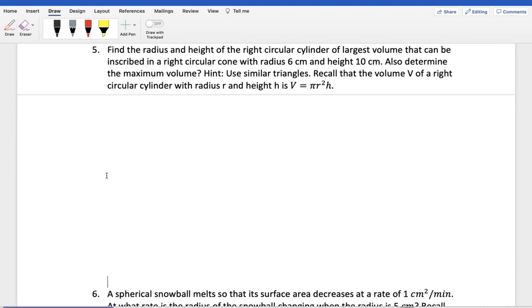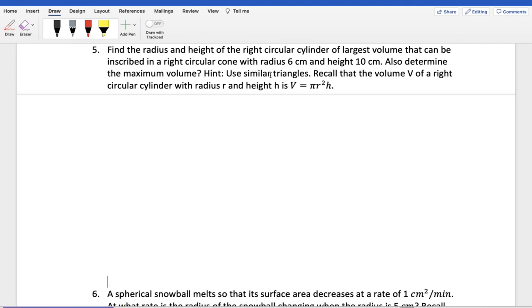So radius and height of the right circular cylinder of the largest volume that can be inscribed in a right circular cone with radius of 6 centimeters and a height of 10 centimeters. And also determine the maximum volume using, obviously, similar triangles.